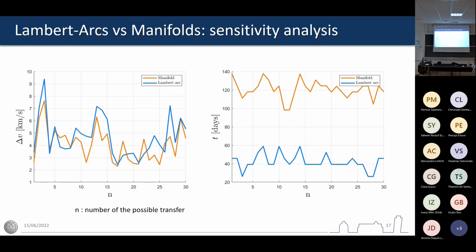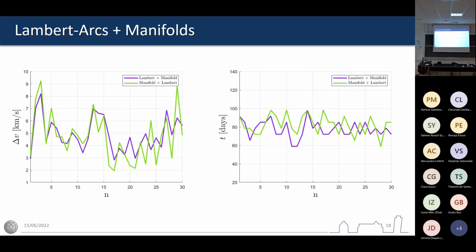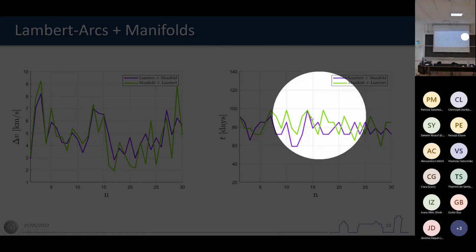So we decided to try to combine these two methods to reduce the energy consumption and to find a compromise on the time of flight. This is the problem we all have. We want to go somewhere, we want to go there fast, but we don't want to spend that much. And these are the results. With this combination, we are able to reduce the time of flight.